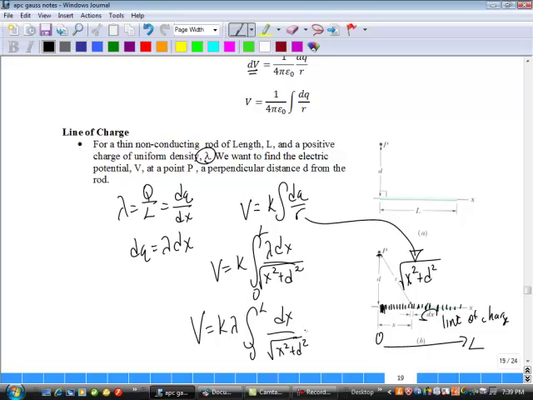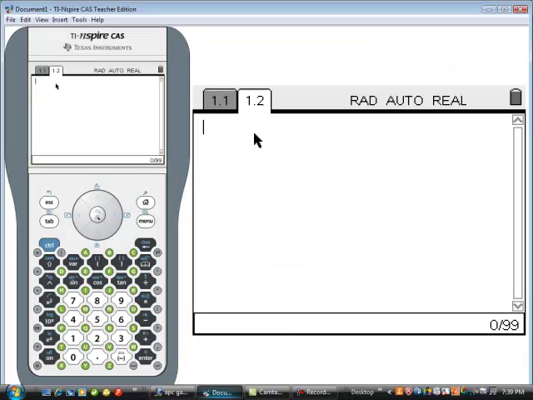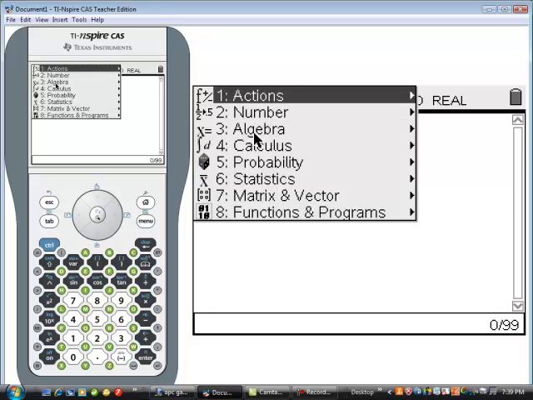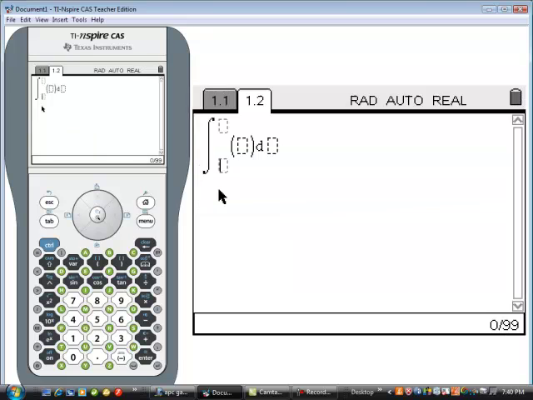Now, this is the point where I am going to let my calculator do this. So I pull out my calculator, and I want to do some calculus, so I'll hit number 4, and we're going to do an integral.